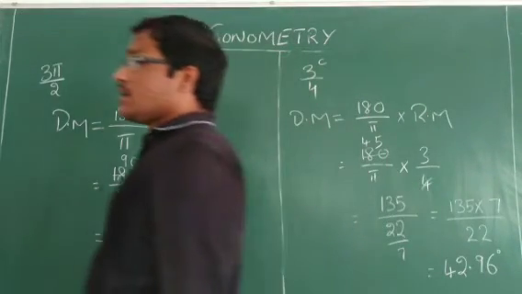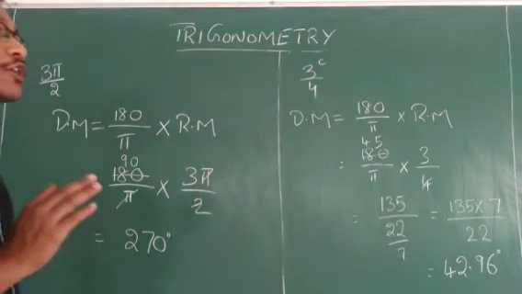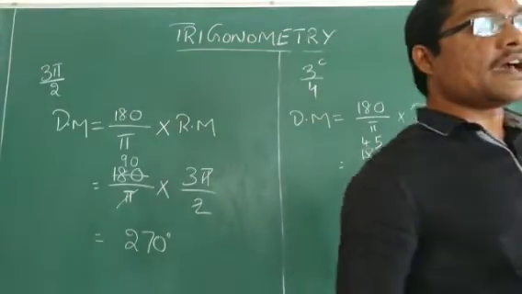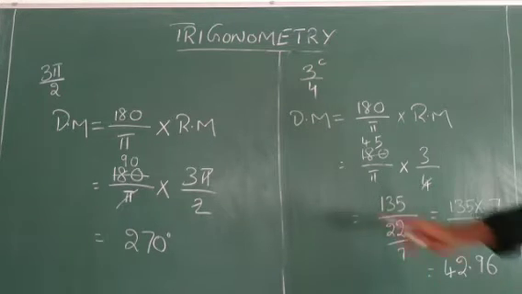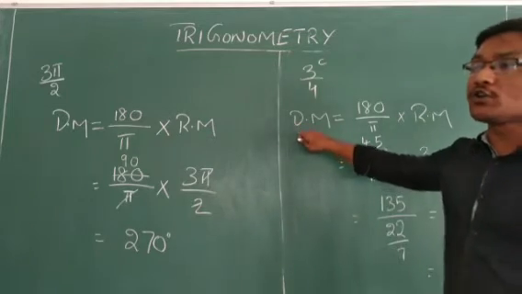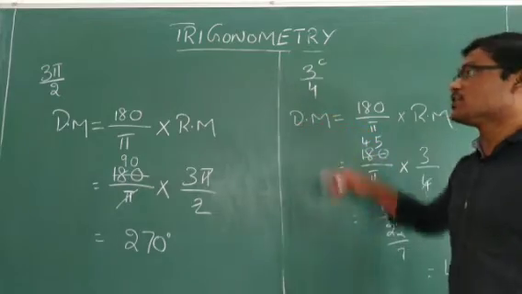When you are writing in radians, we do not substitute pi equal to 22 by 7. We substitute pi equal to 22 by 7 only for degree measure.